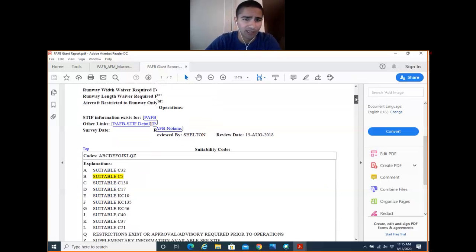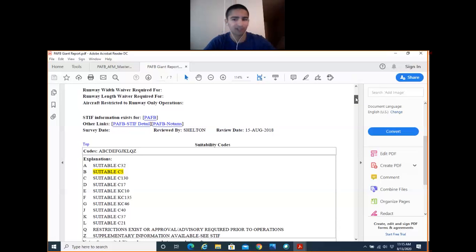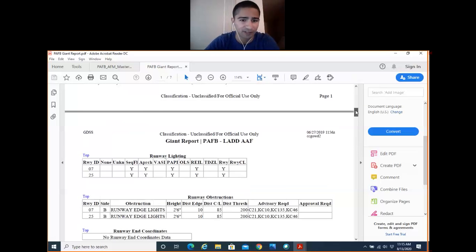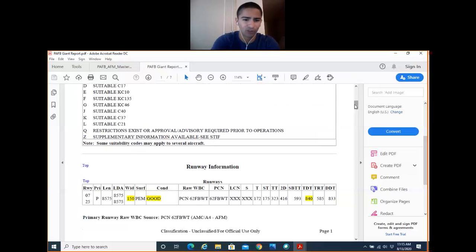So looking in the giant report, Adam Smith highlighted here, suitable C5. Go into the runway information, highlighting the width, the surface condition, the weight for tricycle dual tandem, because that's what we care about for our airplane.